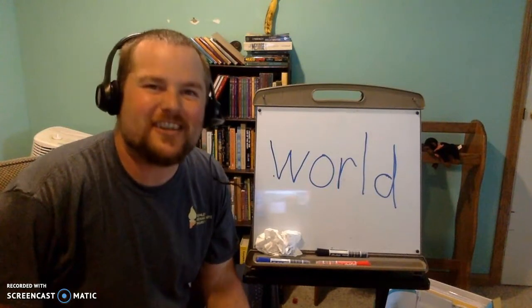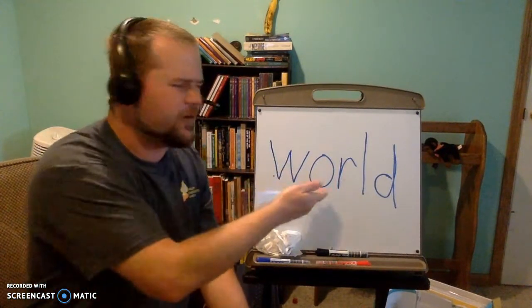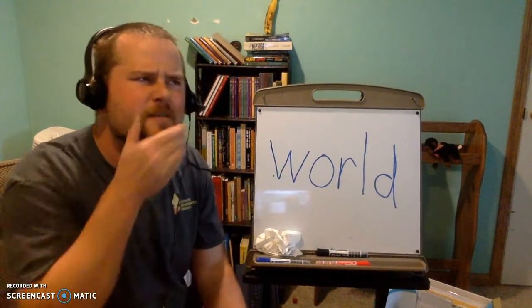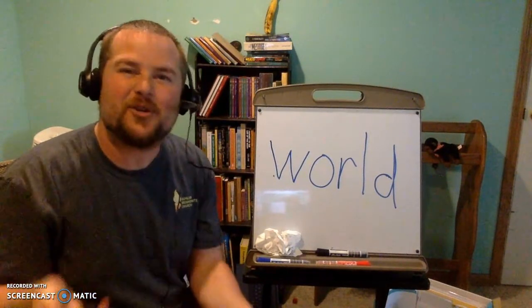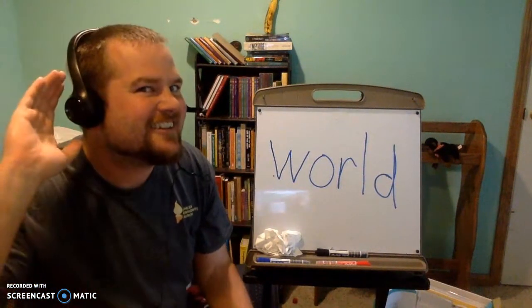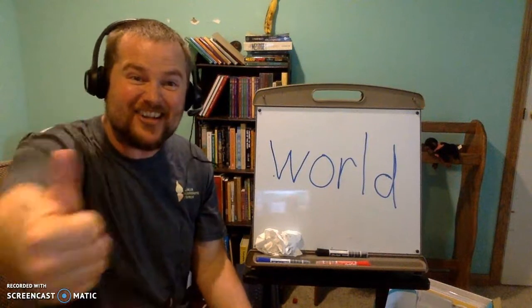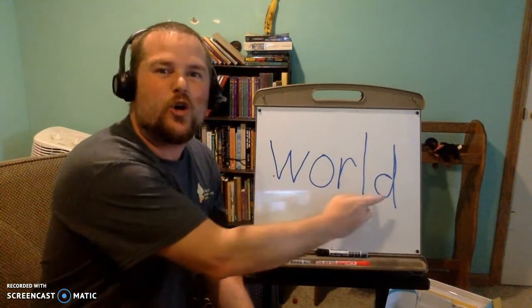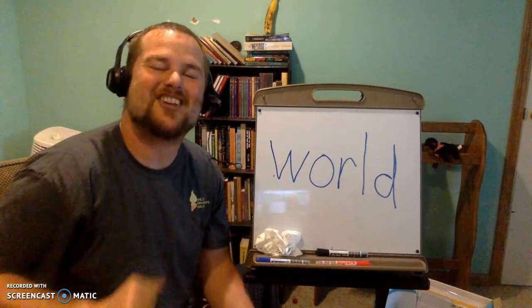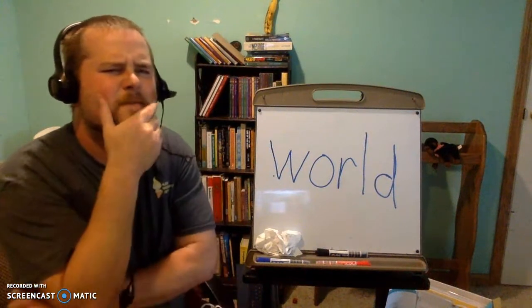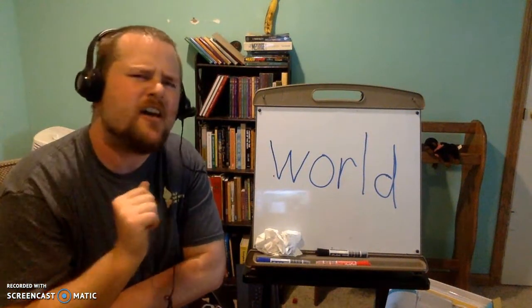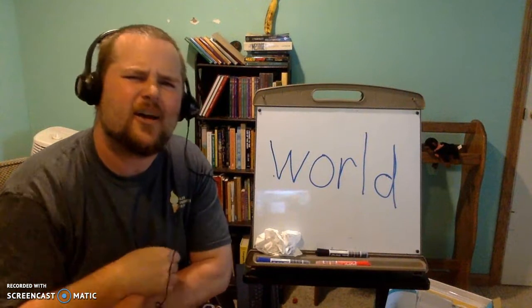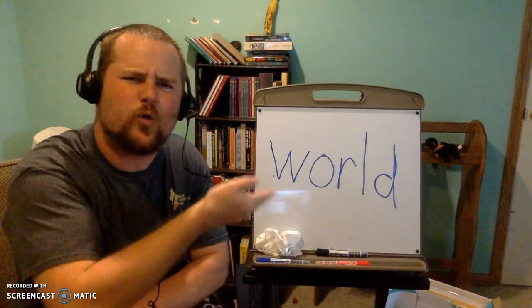Okay, actually, we have new trick words this week that we need to work on. Okay, so here is our first new trick word. Jameson, what is this word? Yes, good. This is the word world. Nice job. Now, Sophia, what is tricky about reading this word, world?